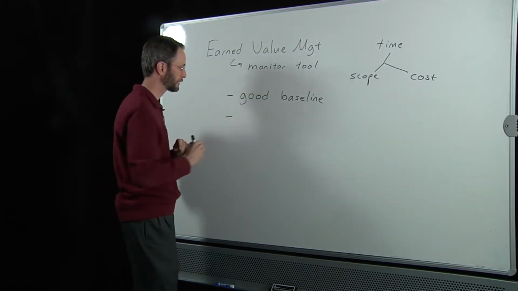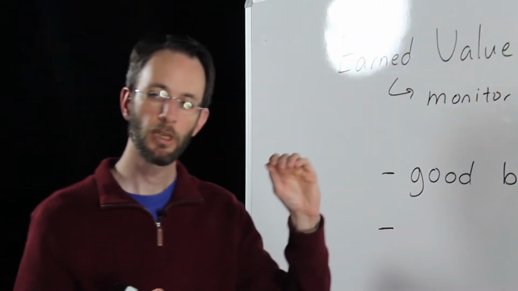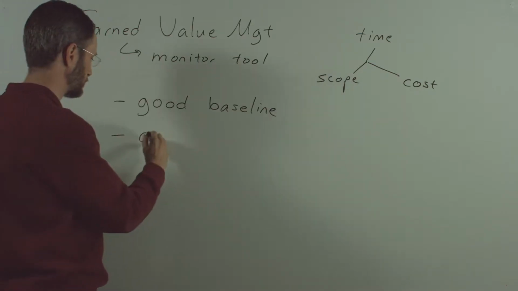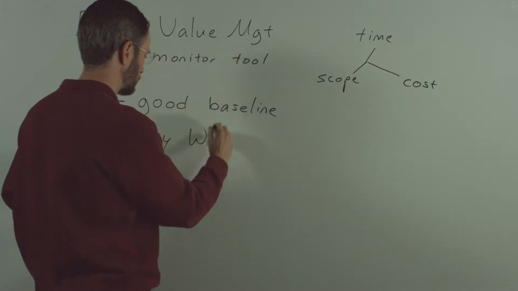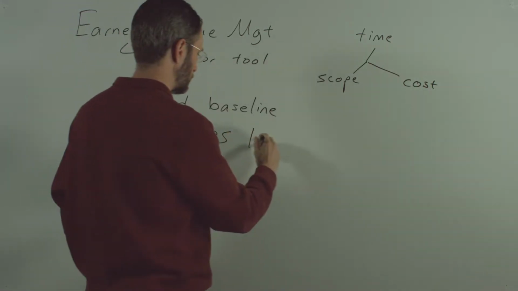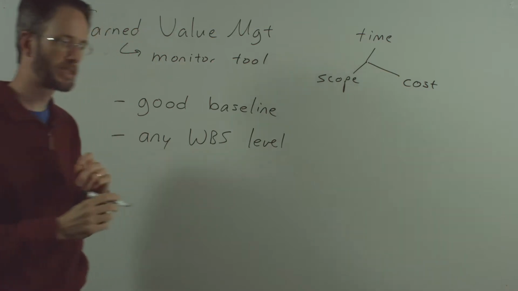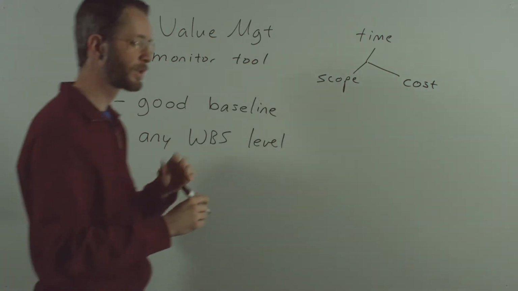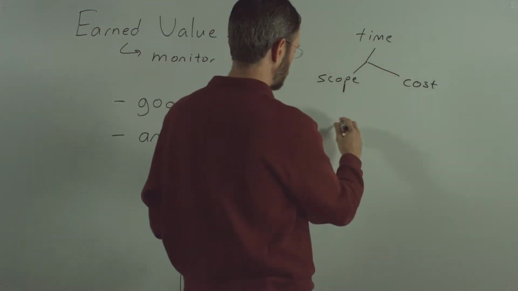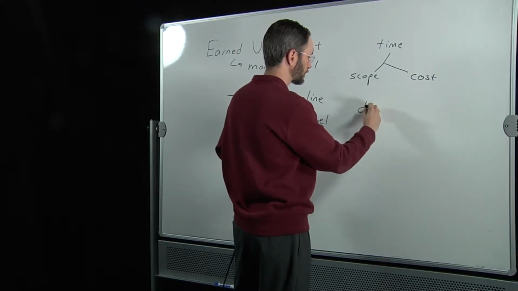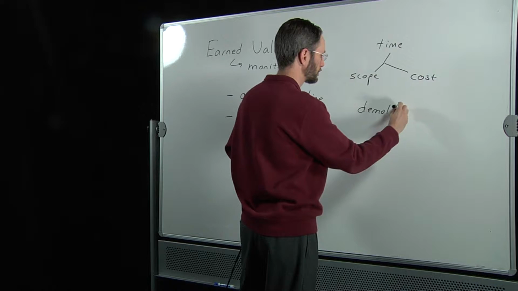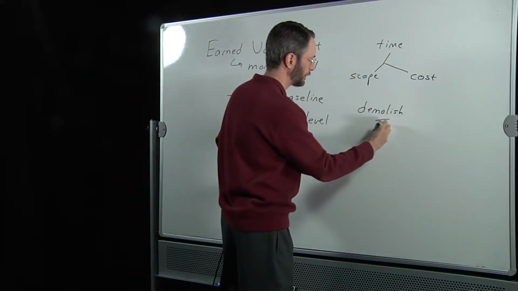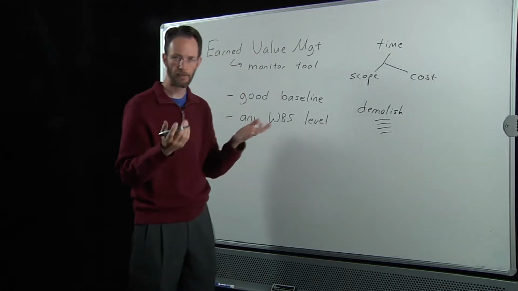The second aspect of this tool is that you can do it at any level of the work breakdown structure. For today's illustration, we'll just do one activity as an example of earned value management. But recall our work breakdown structure could be: demolish the room as one phase of the project if we're doing room renovation, and we have various activities in it, 4 or 5 activities.